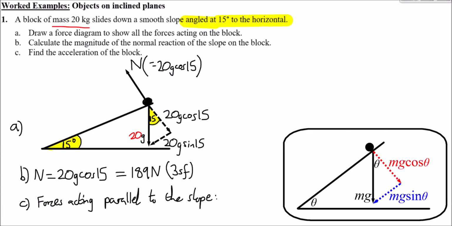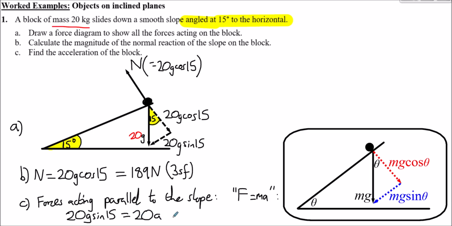So if we apply the good old F equals ma, going down the slope, then the force going down is just 20g sine theta with nothing counteracting it because it's a smooth slope. Pay attention. So 20g sine 15 will equal the mass of the block, which is 20, multiplied by its acceleration.